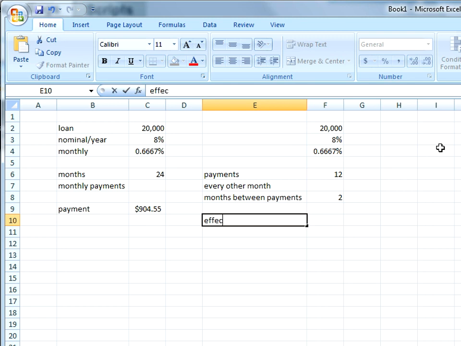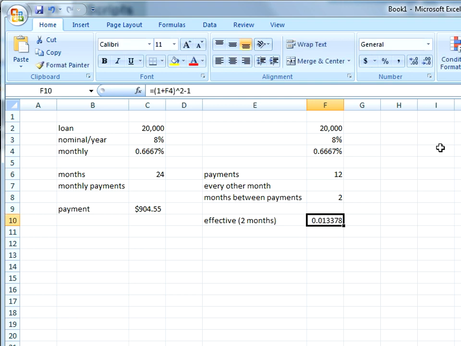So the effective interest rate for 2 months is 1 plus the monthly interest rate, remember we did 8% over 12 to get the monthly interest rate, and we're going to raise it to the power of 2, and then we're going to subtract 1.